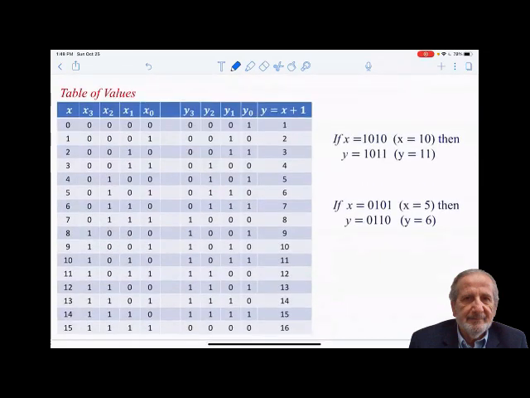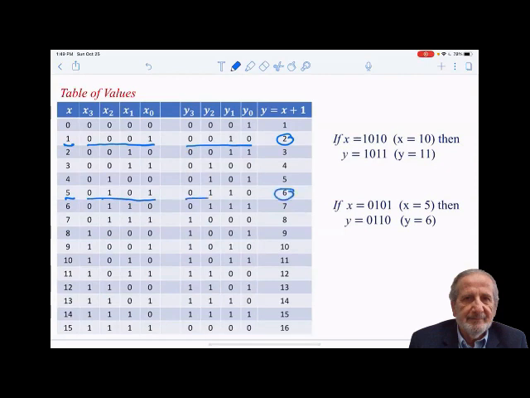So first of all, let's look at this table here. Your X is going from 0 to 15, and this is the Boolean representation. So when X is 1, it's represented by 0, 0, 0, 1. Then Y will be what? 2. This is a representation for Y. If X is 5, it is 0, 1, 0, 1.